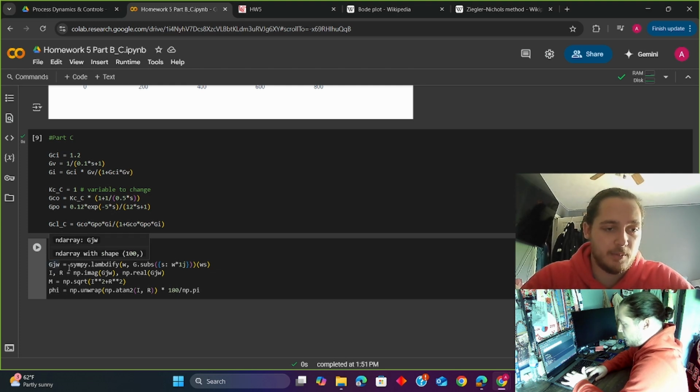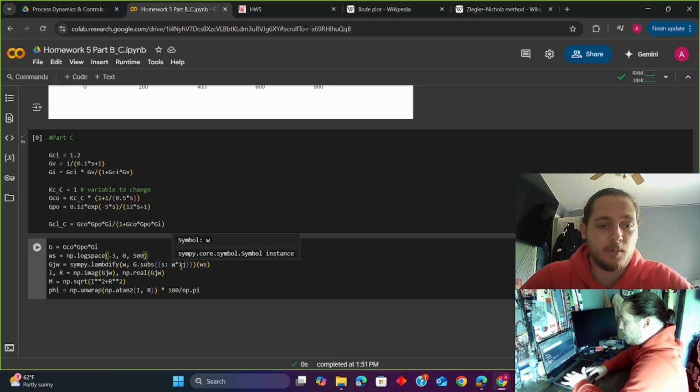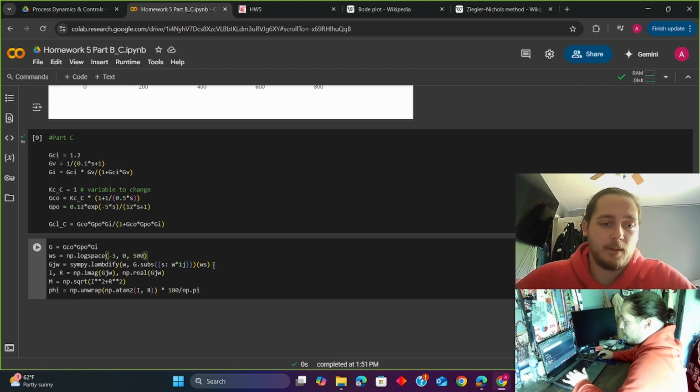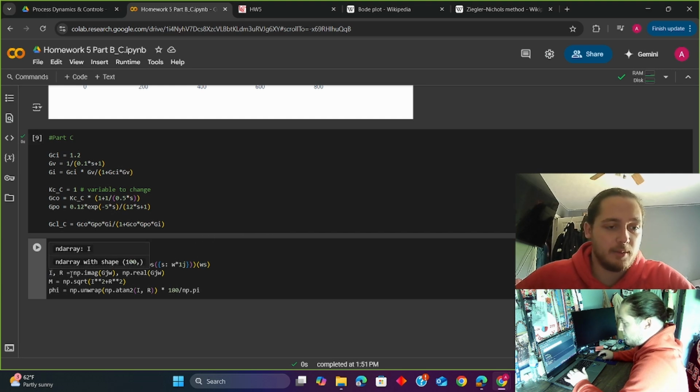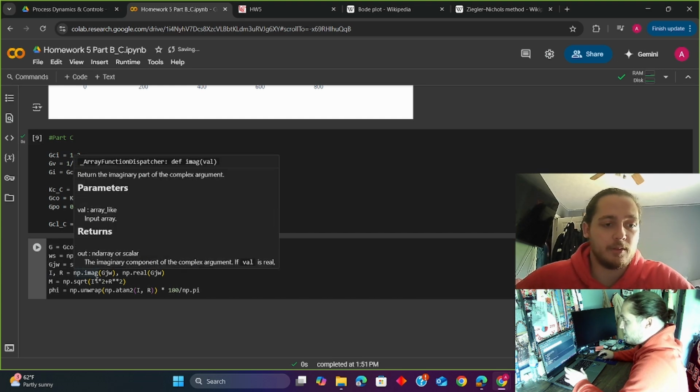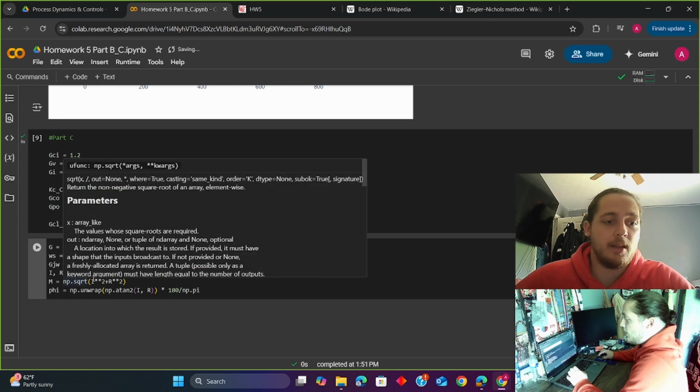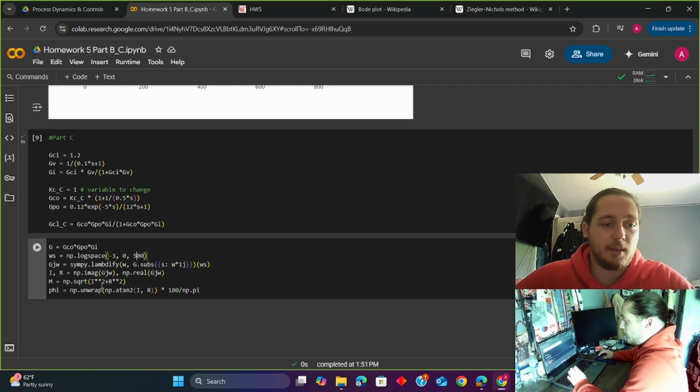And then our G of j omega is going to remain the same, in which we are substituting our s to be omega times j, in which j is the square root of -1. And then we are going to be plugging in our w's. And then for our imaginary and real parts, we are transforming them into np.imag and np.real.